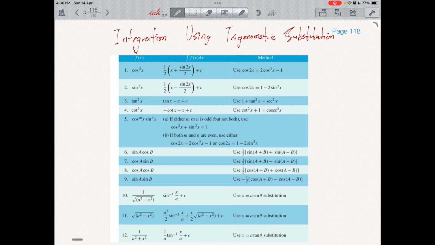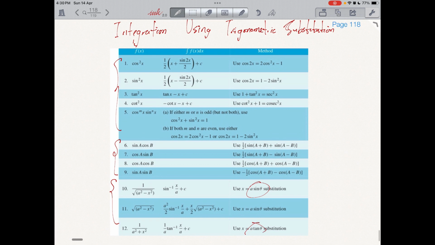We'll consider the powers of sines and cosines. We'll consider integration of products and powers of sines and cosines, and we also consider integration using x equals a sine theta and x equals a tan theta, as the case may be.